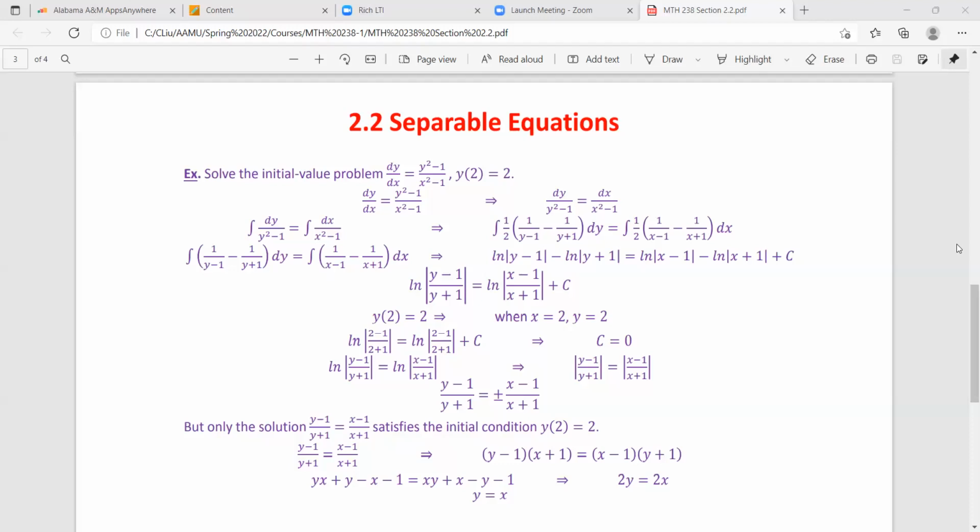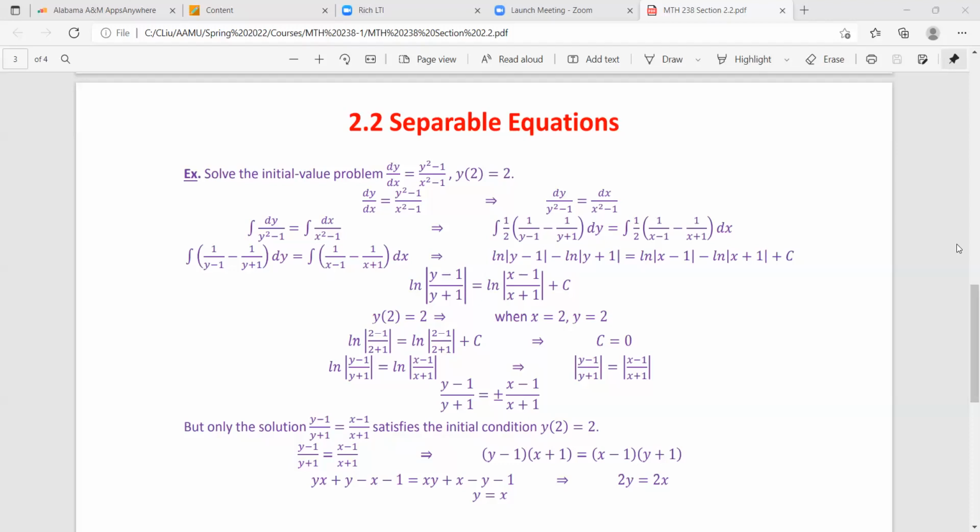Similarly, you get the natural log of absolute value of x minus 1 minus the natural log of absolute value of x plus 1 plus c. Okay, since we integrate, it brings up an arbitrary constant. Now, one thing to be cautious is you have the absolute value in here. When you integrate 1 over x, for example, you get the natural log of absolute value of x. So don't forget that.